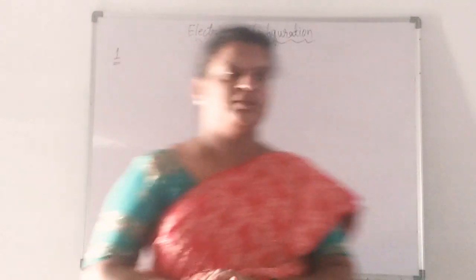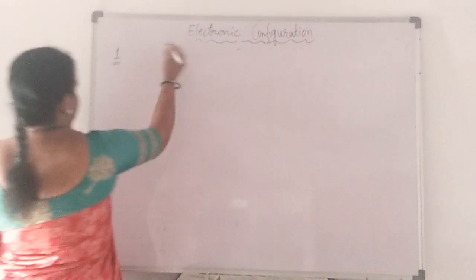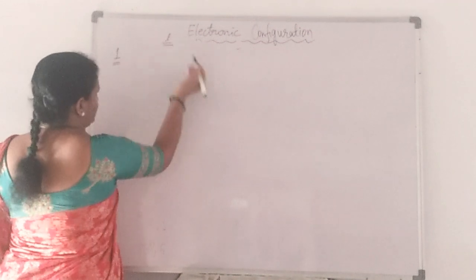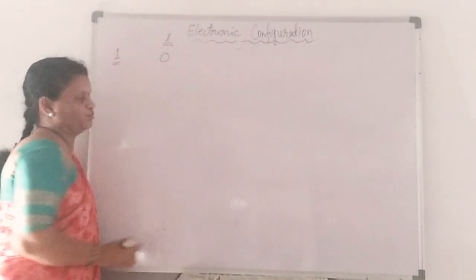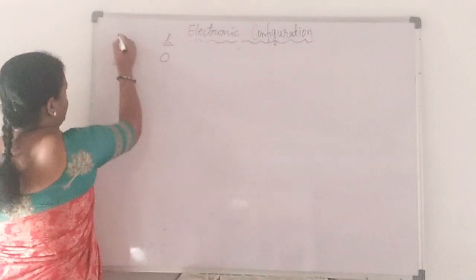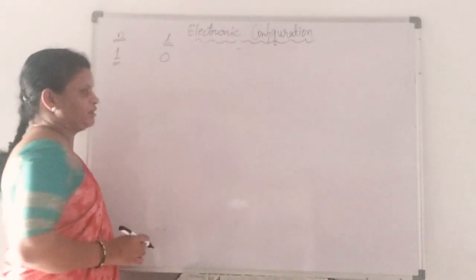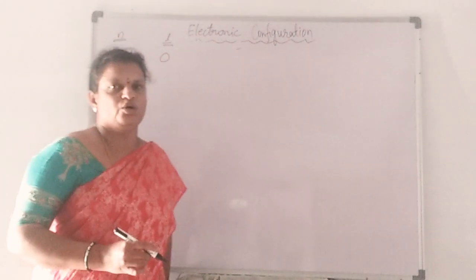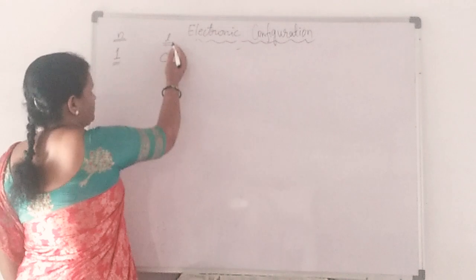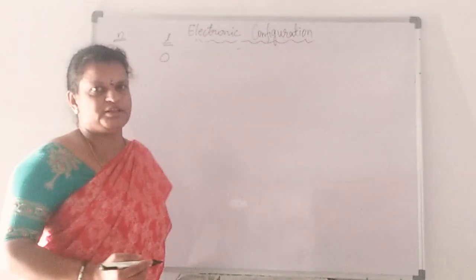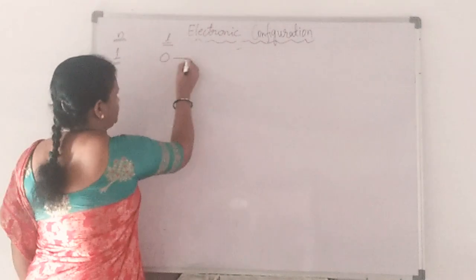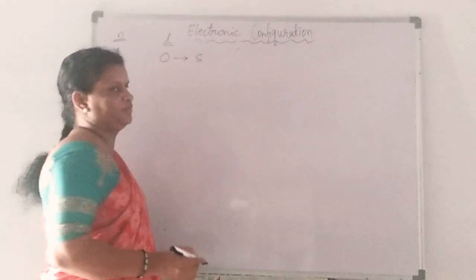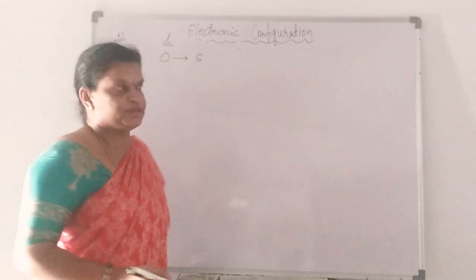Right. So that is why only one l value is possible, that is 0. That means it is the S subshell. Only one subshell is present.